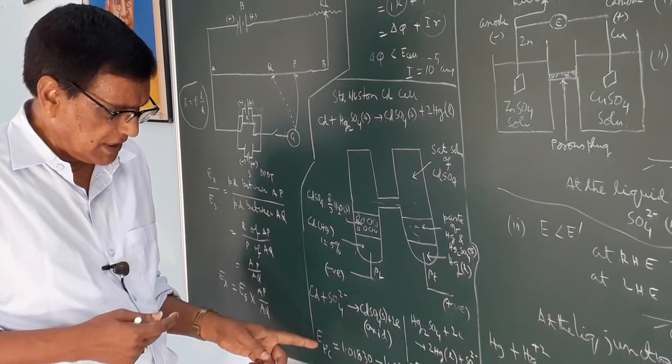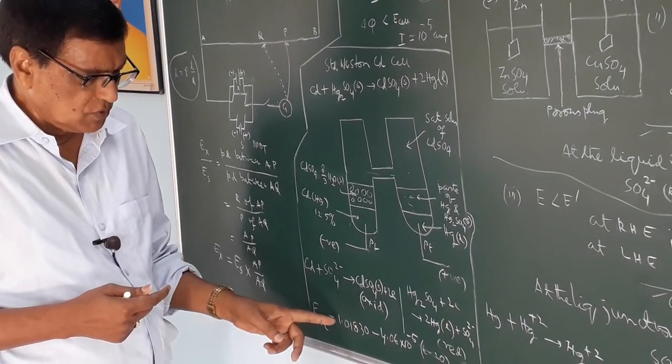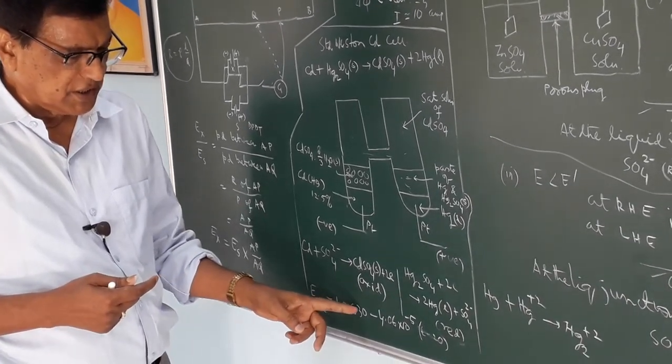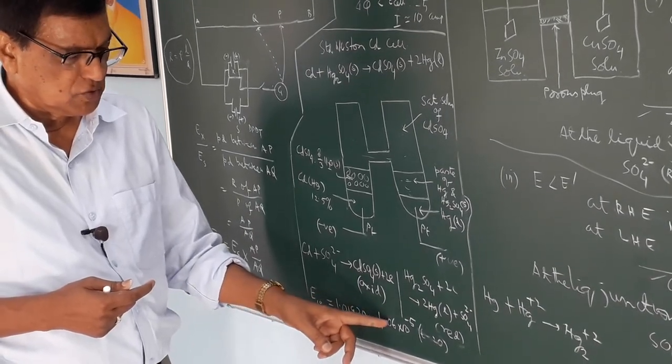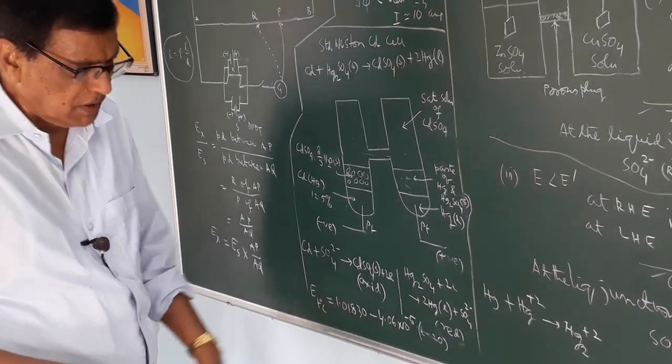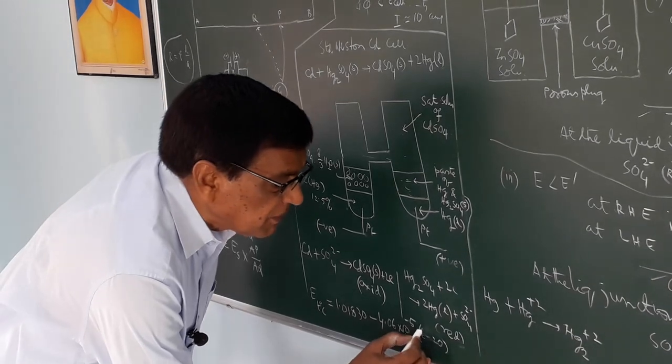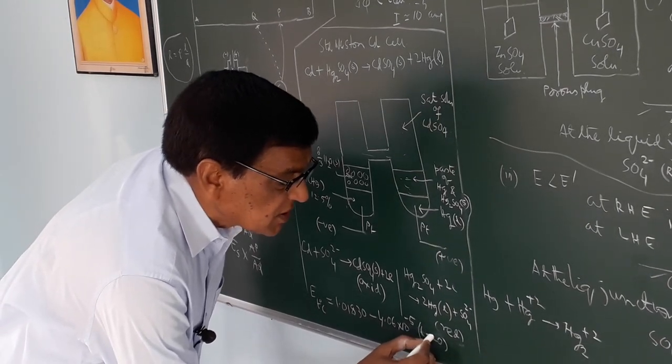The EMF at temperature T is equal to 1.01830 minus 4.06 into 10 to the minus 5 into (T minus 20).